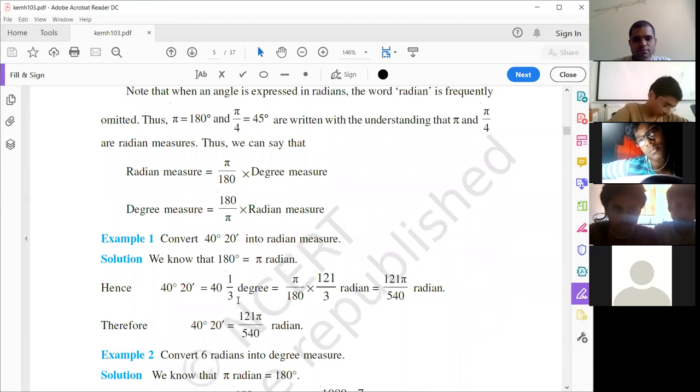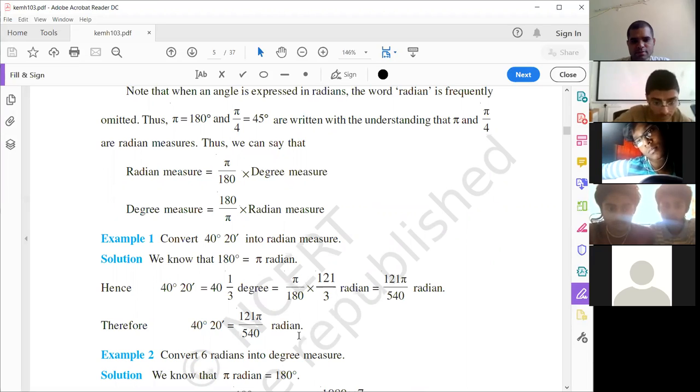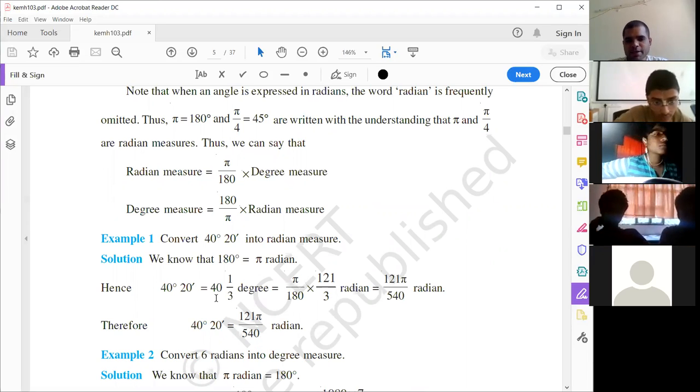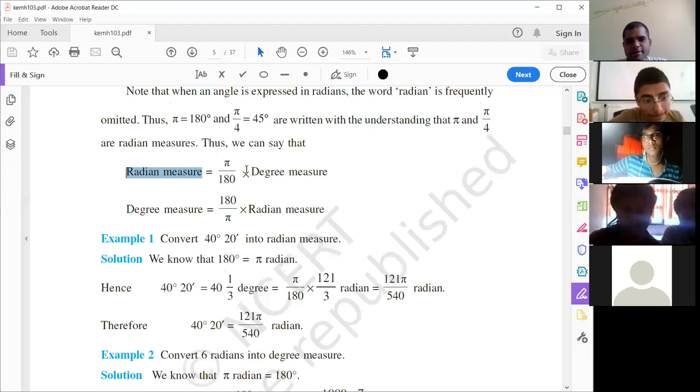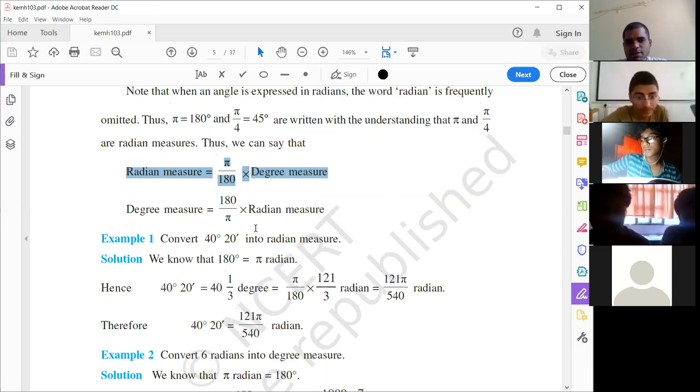So you can see it has been done like this. What has been done here? We know the relationship between degree and radian, but you don't know the relationship between minutes and radian.